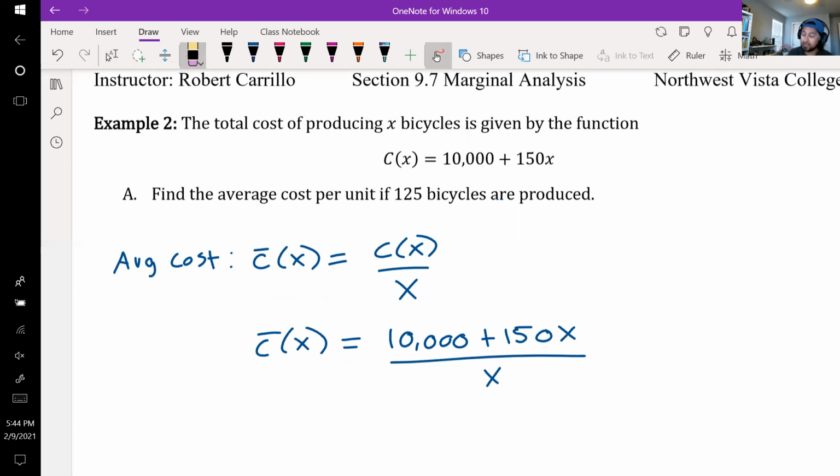So this says, find the average cost per unit if 125 bicycles are being produced.